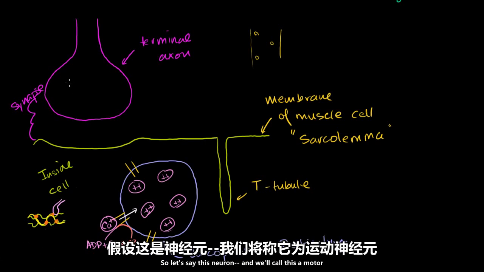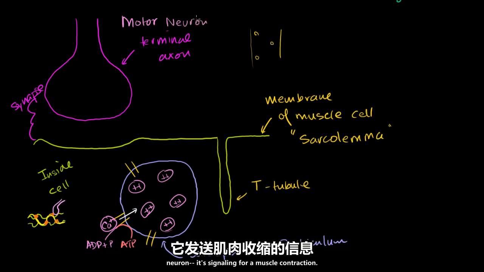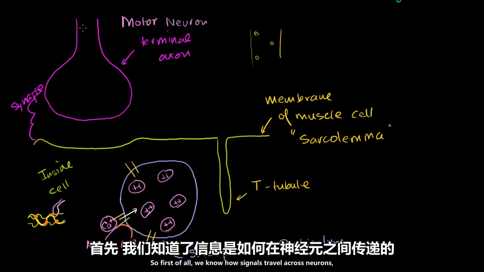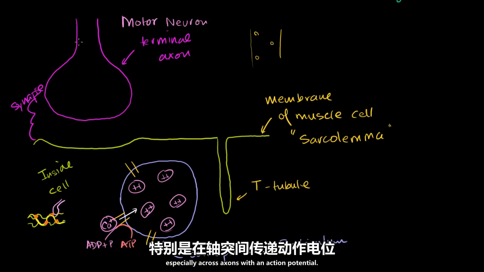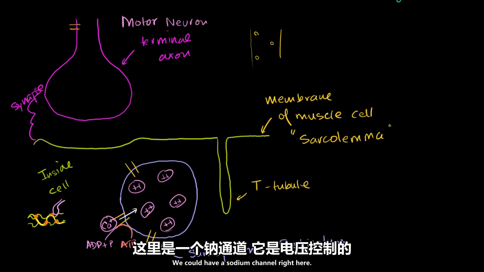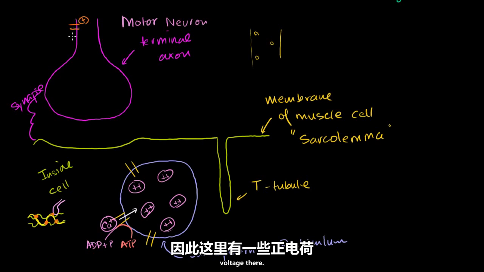So let's say this neuron, and we'll call this a motor neuron, is signaling for a muscle contraction. First of all, we know how signals travel across neurons, especially across axons, with an action potential. We could have a sodium channel right here. It's voltage gated, so you have a little bit of a positive voltage there.